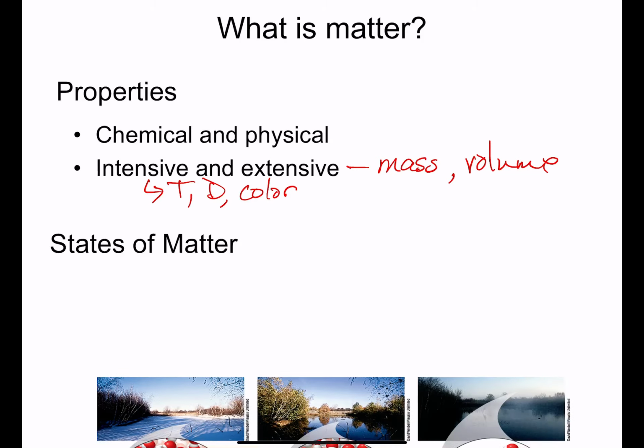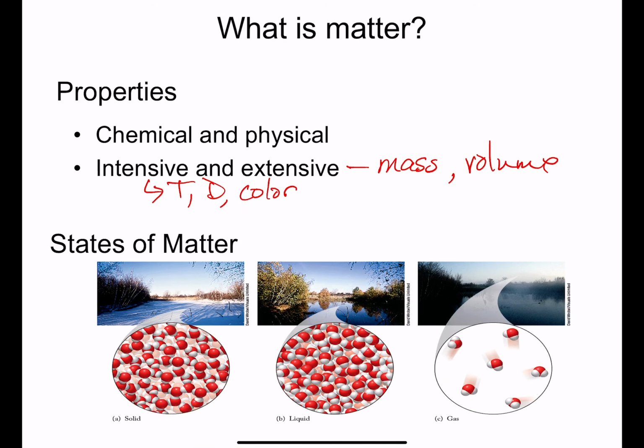Further, when we're thinking about matter, we can think about the 3 main states of matter: solids, liquids, and gases. So here we have an example of some pictures of water from your textbook. So water, symbolically, H2O, right, means there's 1 oxygen for every 2 hydrogens. We can see that illustrated most easily in the gas phase molecules, where we have 2 little white balls to represent the hydrogen and 1 red ball to represent the oxygen.